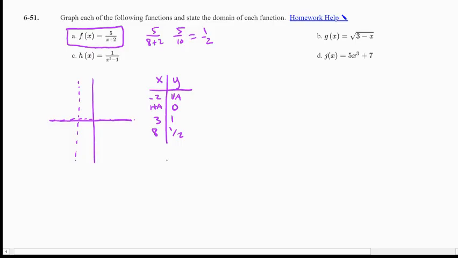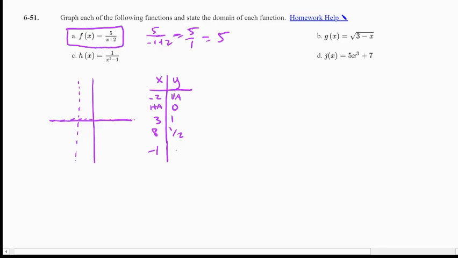And one more point here would be -1, because if I plug in -1, -1 plus 2 equals 1, so 5/1, which just gives me 5.